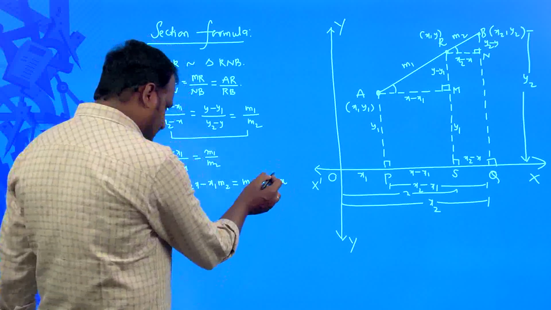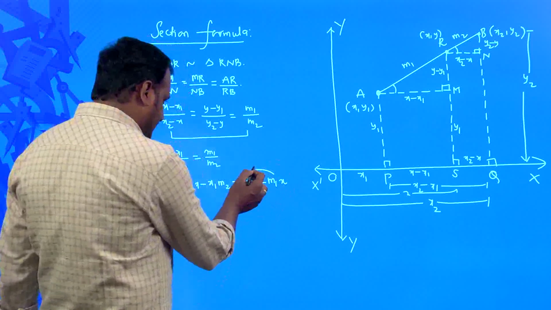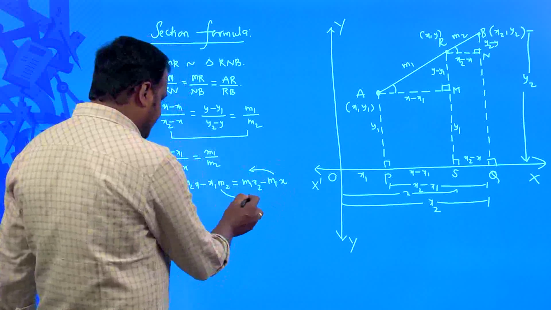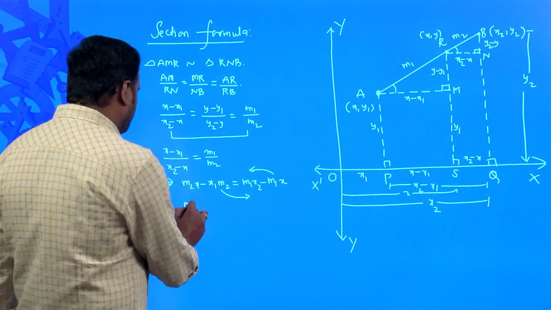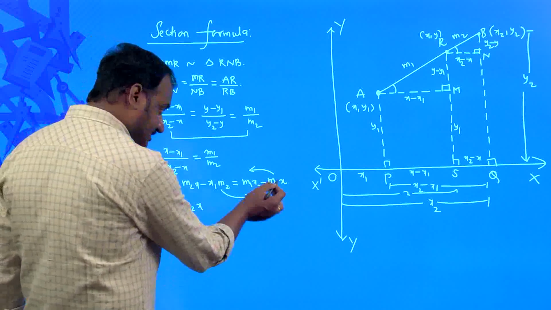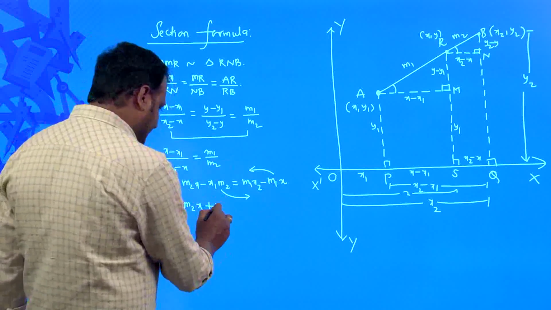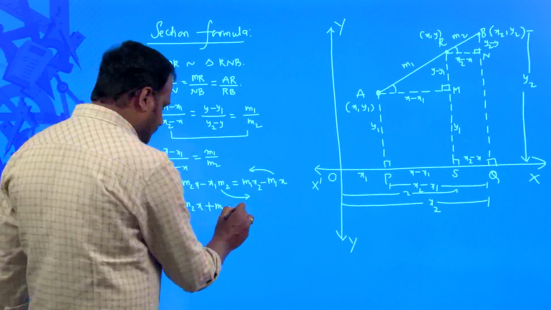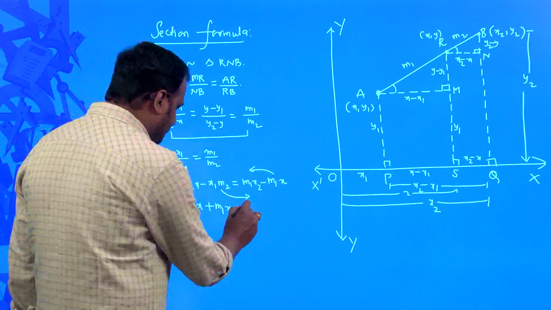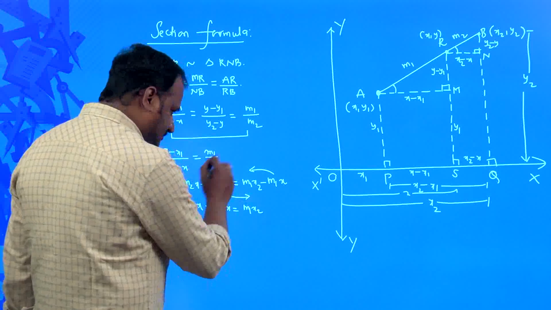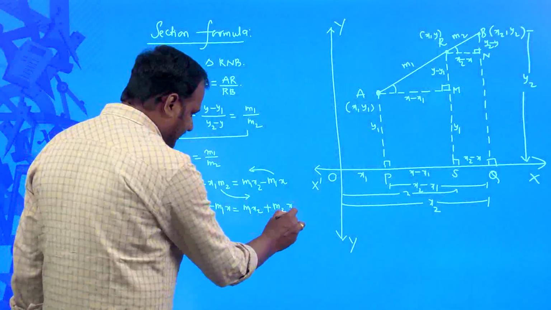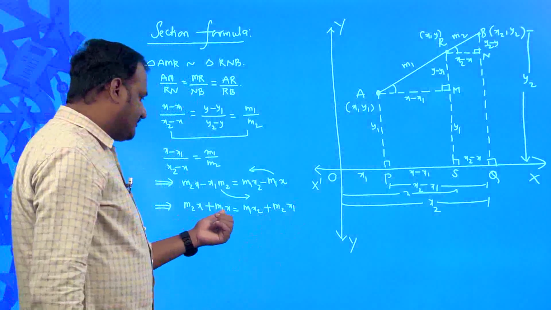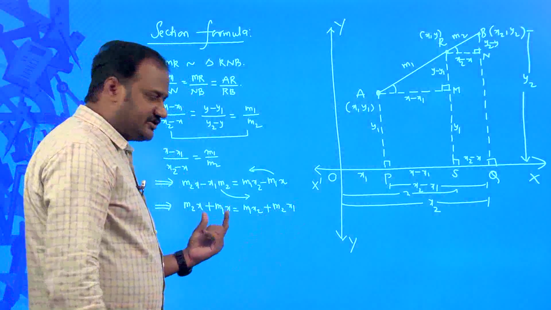So, transpose M1 x towards the left hand side and x1 M2 towards the right hand side, then it will become M2 x plus M1 x is equal to M1 x2 plus M2 x1. See, this is M2 x plus M1 x, can we take one x common from both the 2 terms?